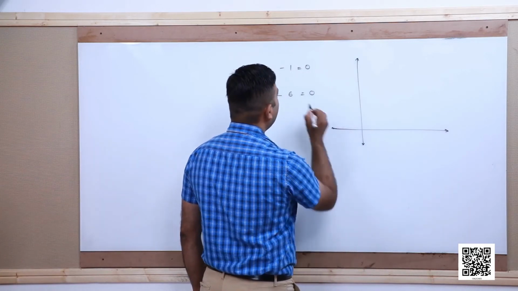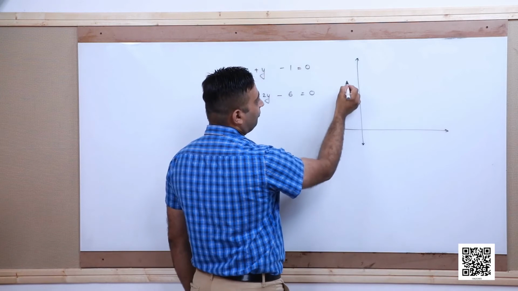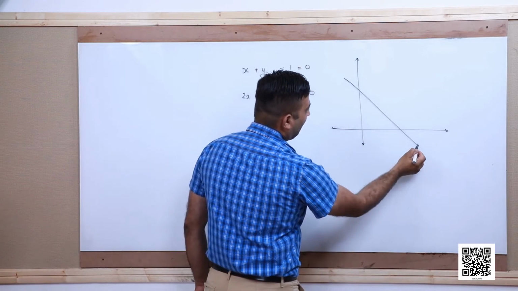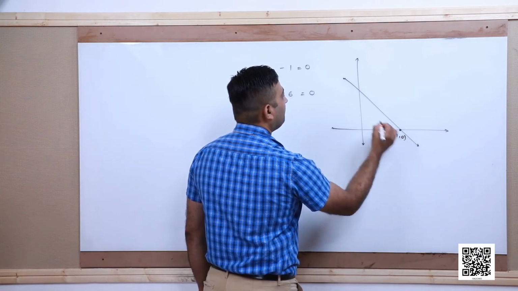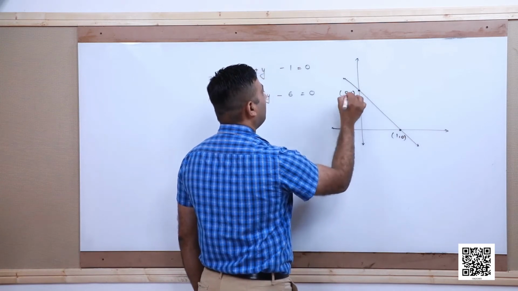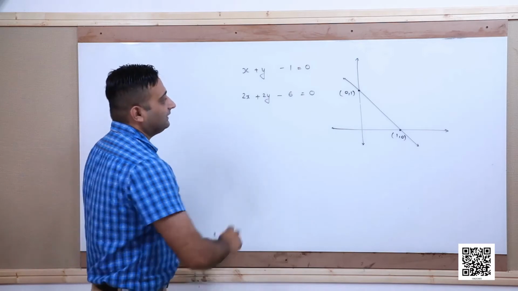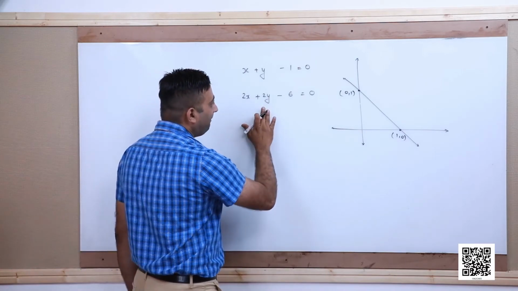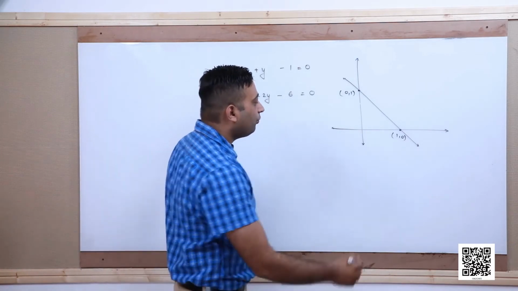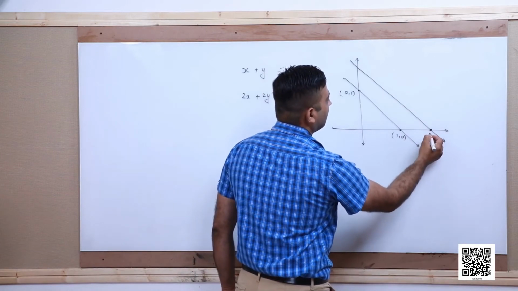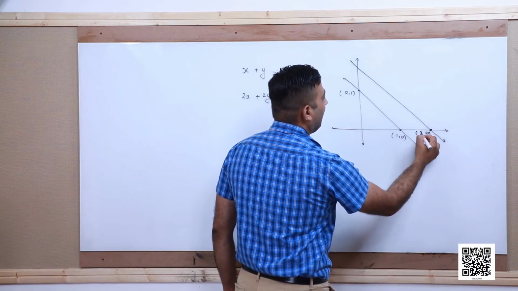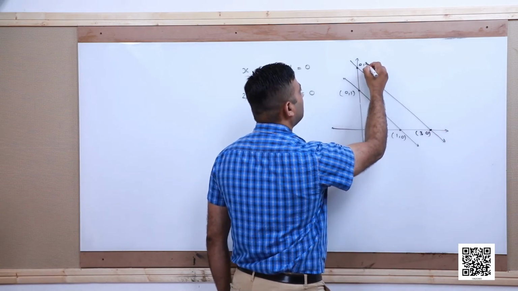Now we can see that x plus y minus 1 equal to 0 will be the straight line passing through 2 points, that is (1, 0) and (0, 1), and the equation 2x plus 2y minus 6 equal to 0 will be a straight line passing through 2 points, that is (3, 0) and (0, 3).